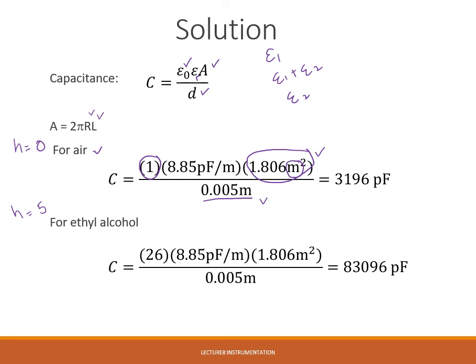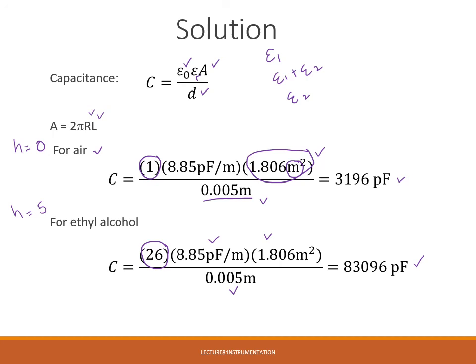There is no air in the sensor, only alcohol. Now the equation has 26 instead of 1, with the same values as before. Then it will give you 83,096 picofarad. So this is how the capacitive level sensor works.